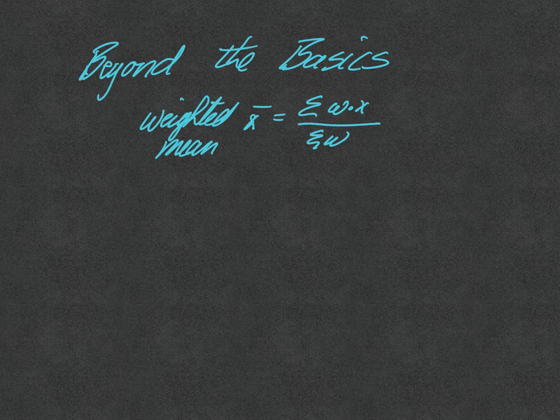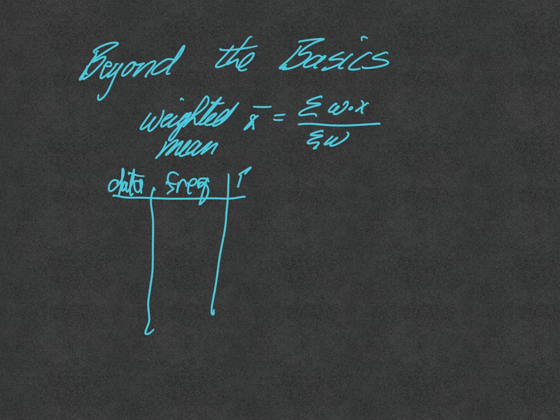What do we mean by a weight? What we're really talking about is a frequency table. So you have data and you have a frequency. Right now we'll just do frequency, but everything I'm about to say about frequency also goes for relative frequency, and I'll show you how that works.